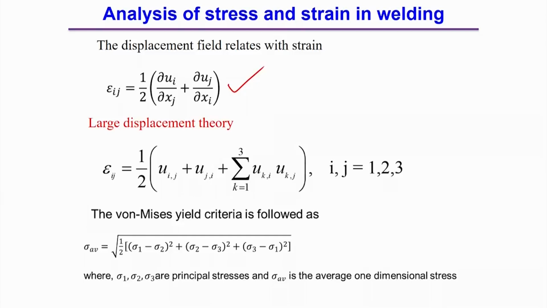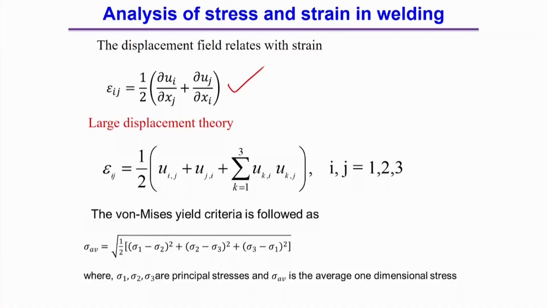But of course, in some cases, specifically in a very thin sheet, when you try to capture the local behavior in the zone, a large displacement theory is necessary. In large displacement theory, the additional component is the nonlinear component of the displacements, which we need to add so that we can capture exactly the deformation behavior in a very thin sheet, which happens in a very localized zone.